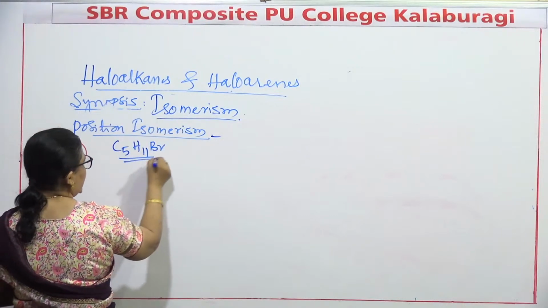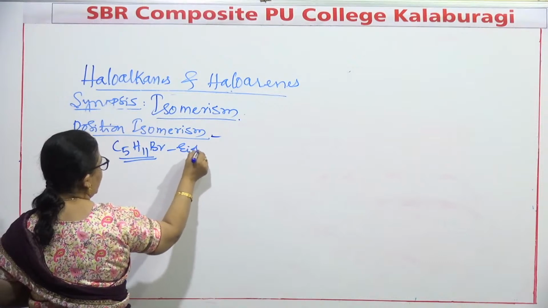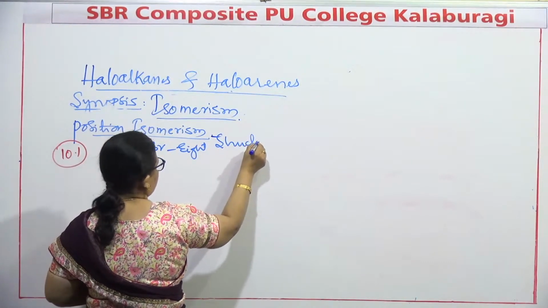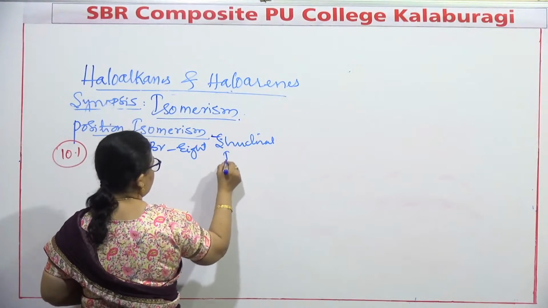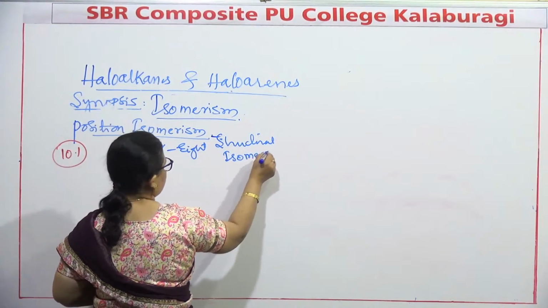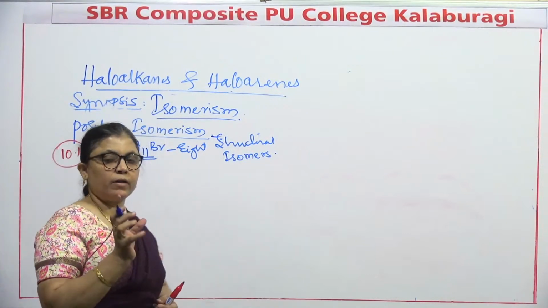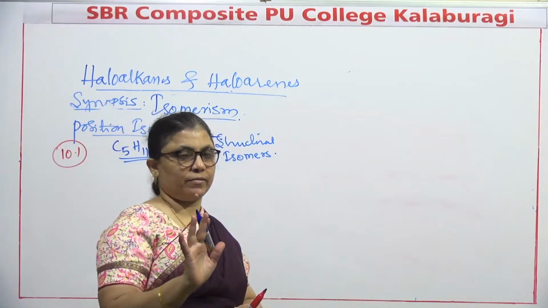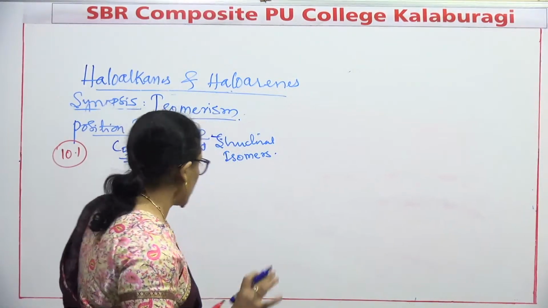Already they said that 8 structural isomers are possible. We need to write their structure.